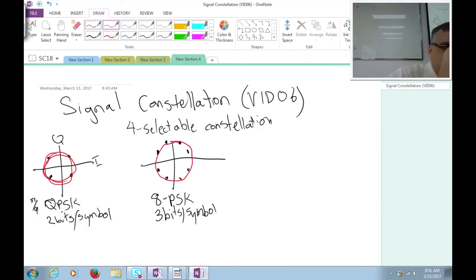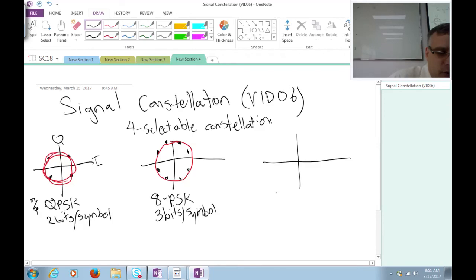The next, if you are really good though and have a nice clean channel, then you can use something called 16 APSK. And APSK is another word for amplitude and phase shift keying.